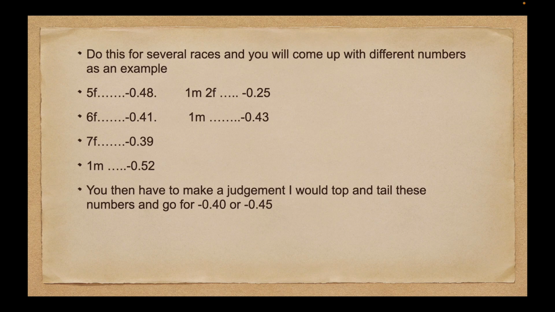I don't have funny numbers like 0.43, 0.46, 0.47. I either go slightly up or slightly down. So here I would be 0.4 or 0.45, and it's a minus number because it's speeding the horse up. So the time of the race will be less. You take this off.